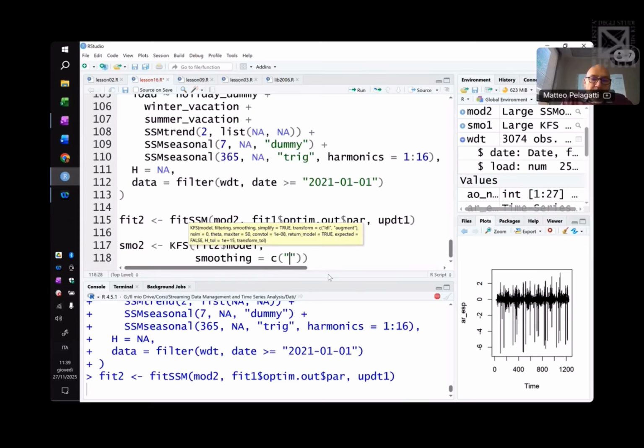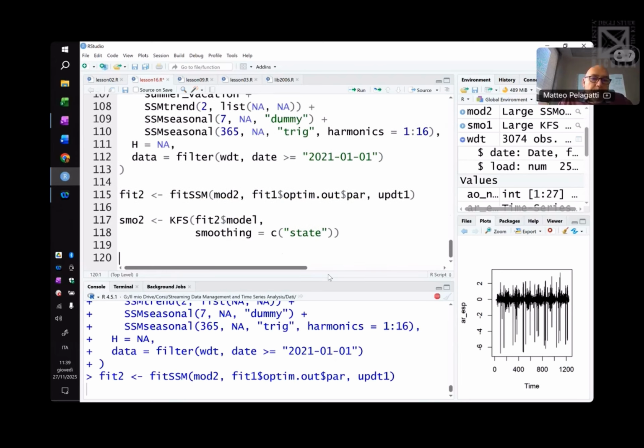Well, let's just compute the state smoothing for now. And of course, I will be interested in looking again at the components. Hopefully the components have a more meaningful meaning. If they're still kind of sloppy as the last time, we can use more data, but of course that would cost more time to wait.